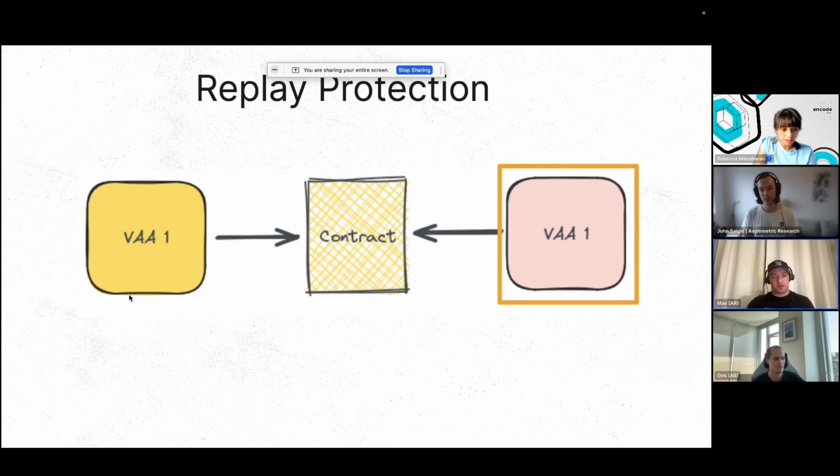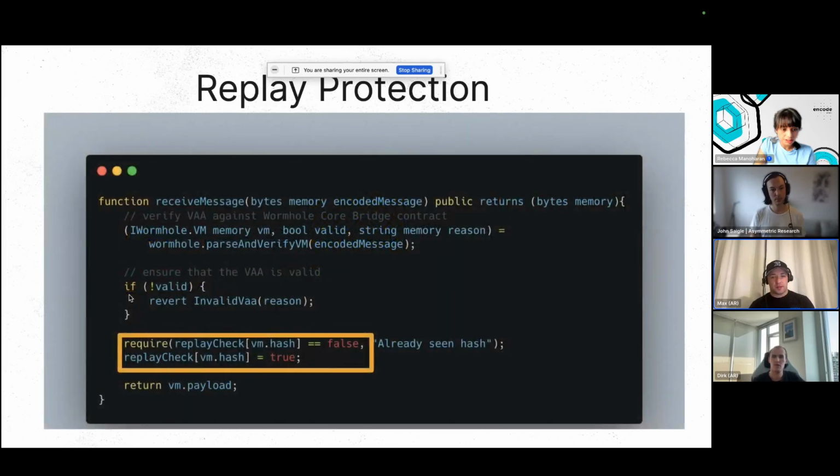So how do we actually fix this? The way we fix this is that the VM object has a field called hash. And we want to make a mapping from the hash to a Boolean so that when we receive the message, we can check to see if we've seen this before. So here we're checking to see if it's false. If it's false, that's the default value.